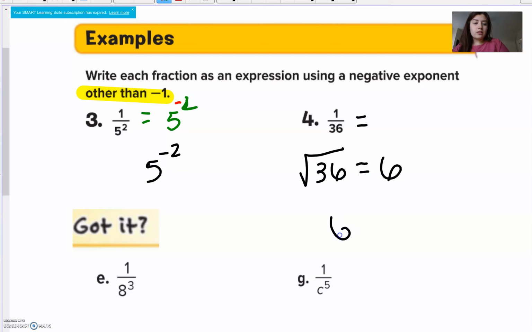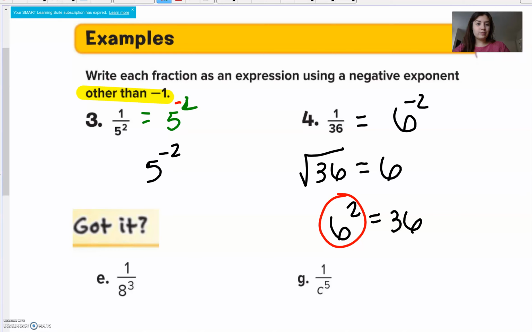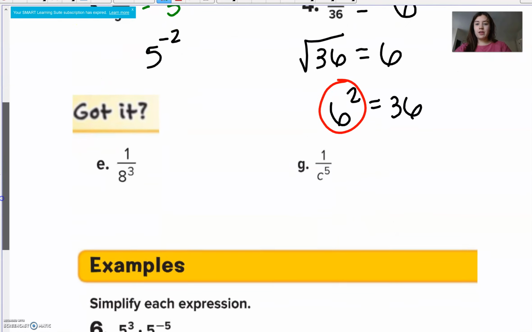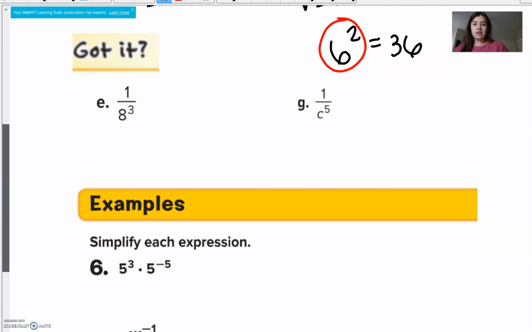So we know that 6 squared equals 36. So we're going to take 6 squared, and we're just going to rewrite that with the negative exponent. Okay, so for E and G, just remember to bring it to the top and make the exponent negative.